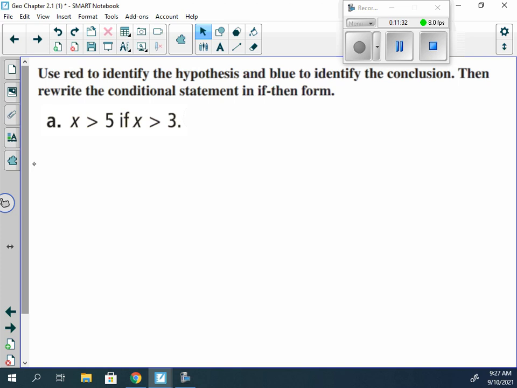Let's look at this one. So it'll be a little similar. X is greater than 5 if x is greater than 3. And we said the conclusion is?